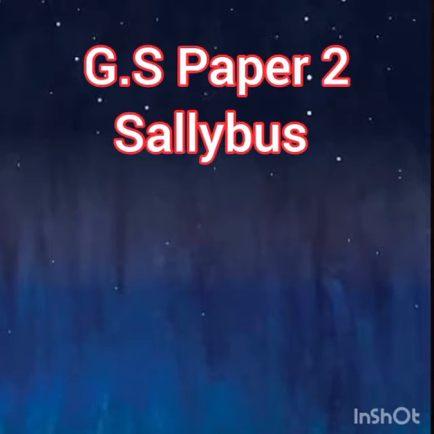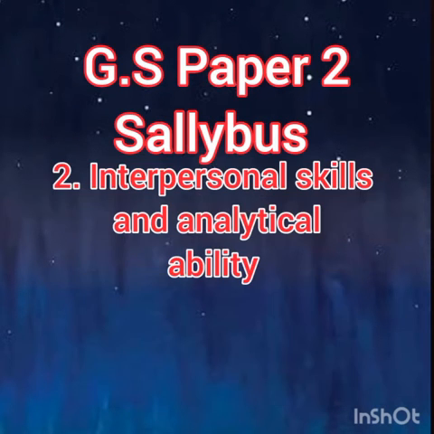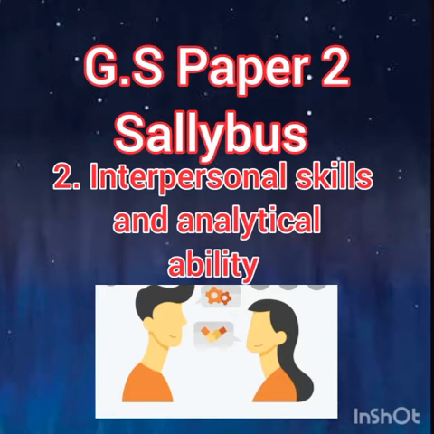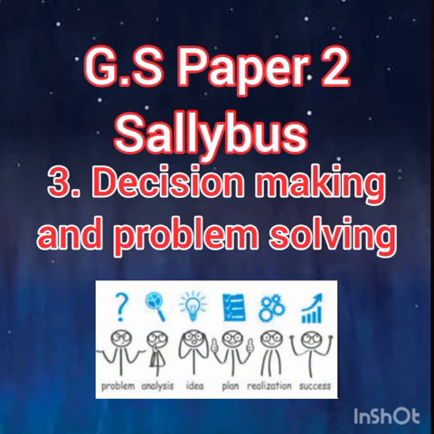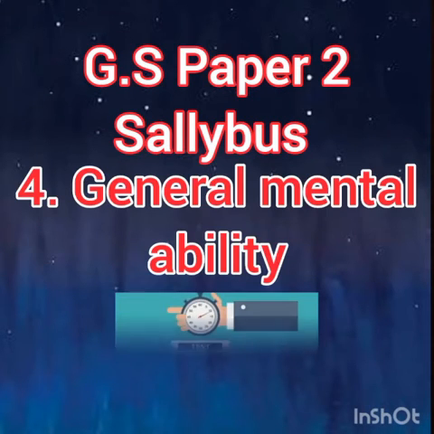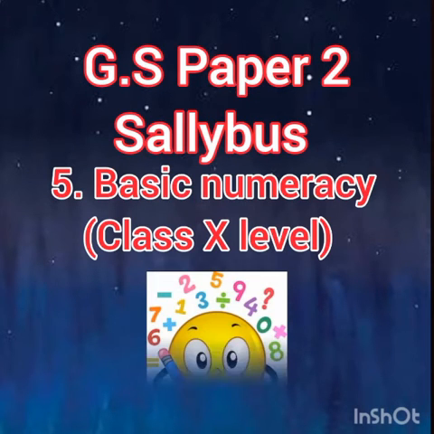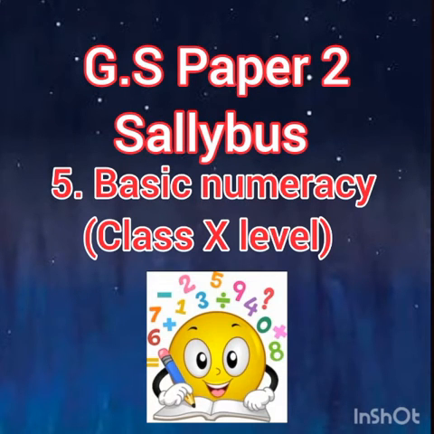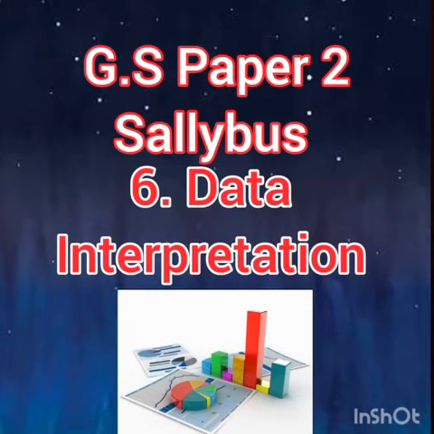Now, the syllabus to be covered for GS paper 2 is: first, comprehension; second, interpersonal skills and analytical ability; third, decision making and problem solving; fourth, general mental ability; fifth, basic numeracy at class 10th level; sixth, data interpretation.